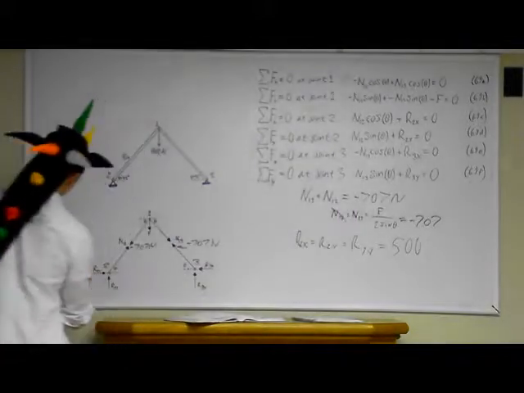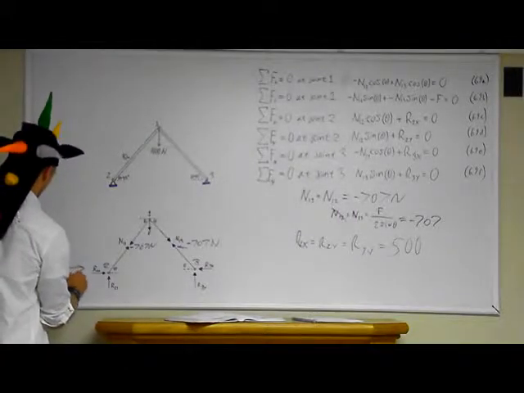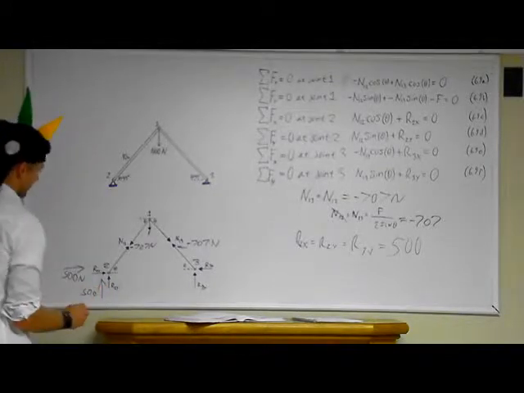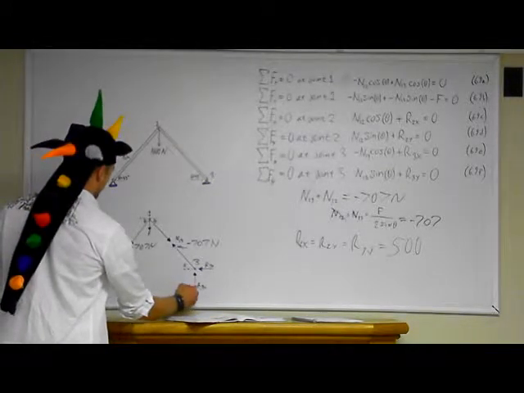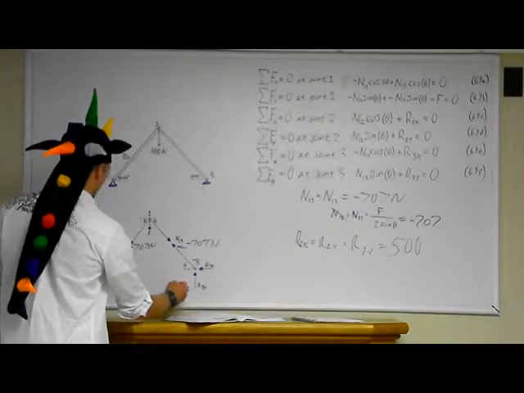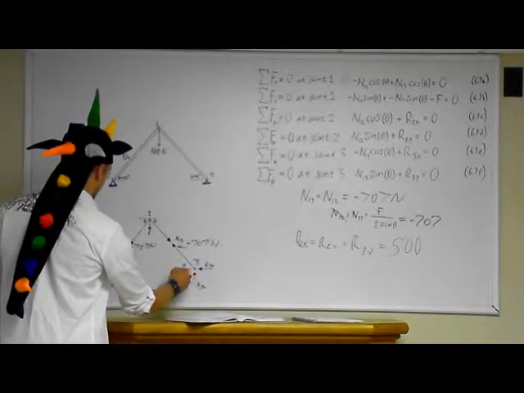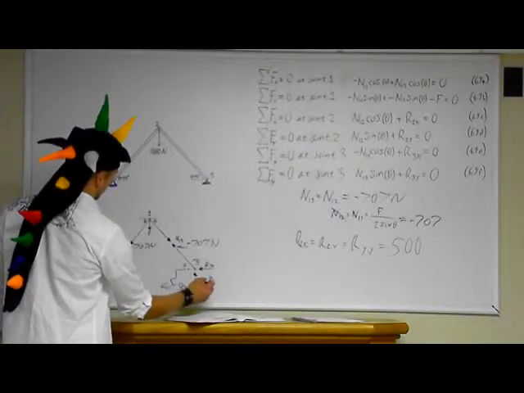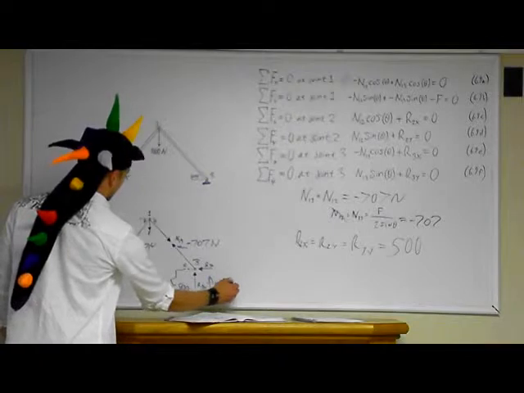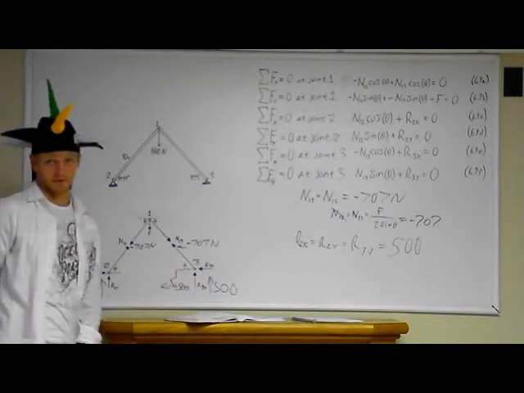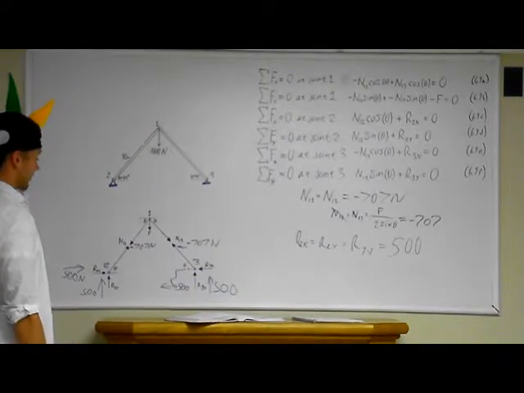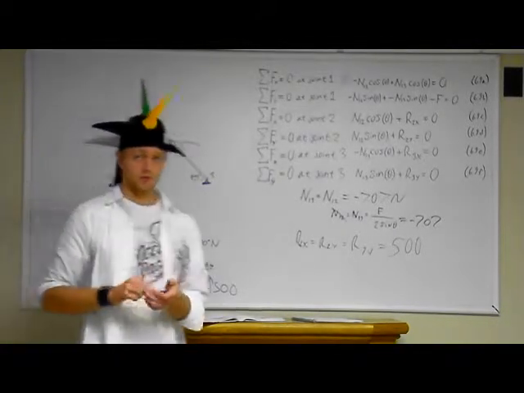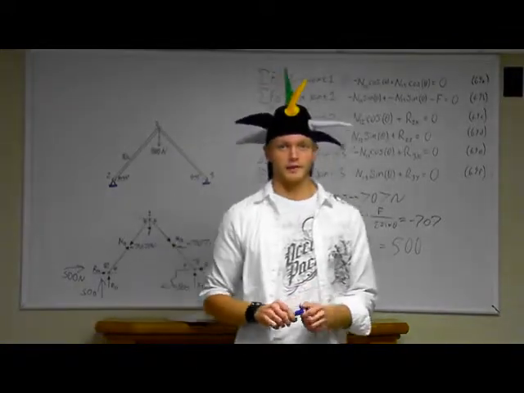So in the end, we're going to have 500 newtons going this way, 500 newtons going this way, 500 newtons going this way for this one, and 500 newtons going this way. This will be negative 500 newtons in that direction, and positive 500 newtons in that direction, and when you add all these forces together, they will equal 0. So it will be static.